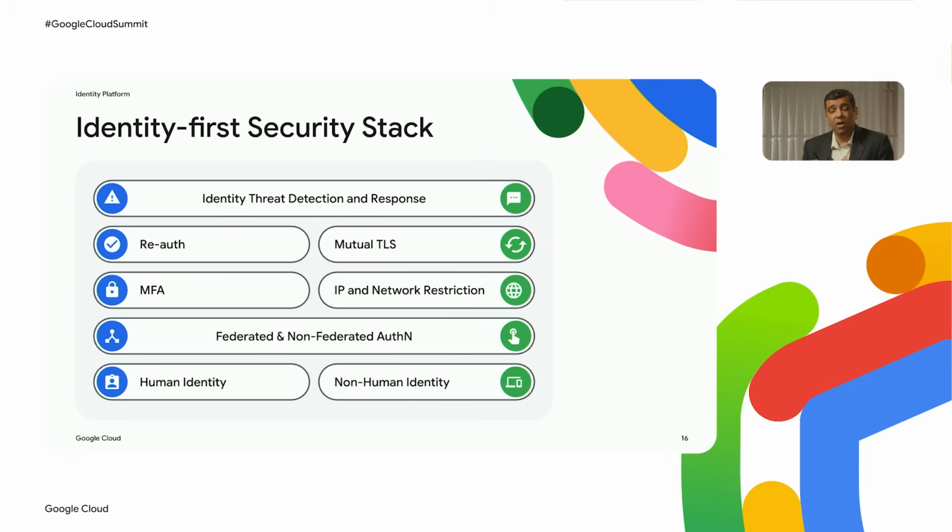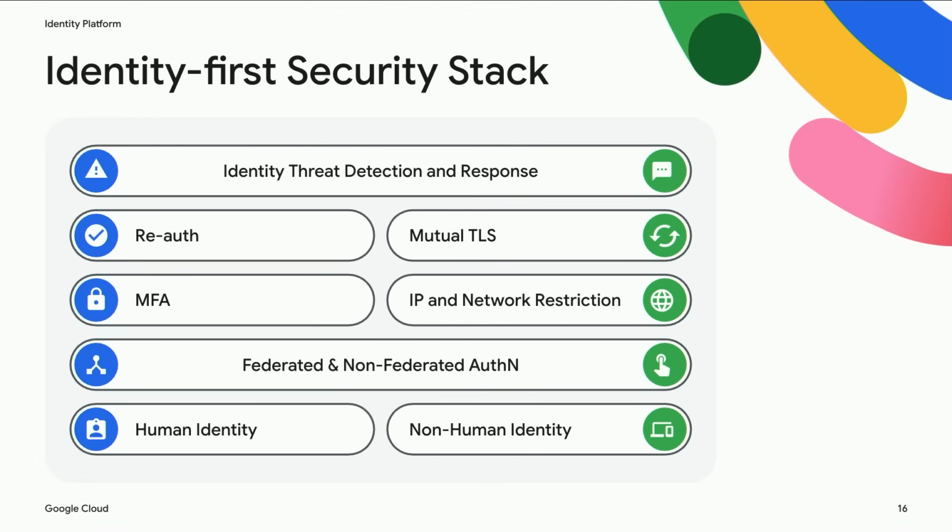Now, all of this is actually built on a platform that we call identity first, an identity first security stack, and that covers human identities as well as non-human identities. For both these identities, we enable you to authenticate in a federated fashion as well as non-federated fashion.